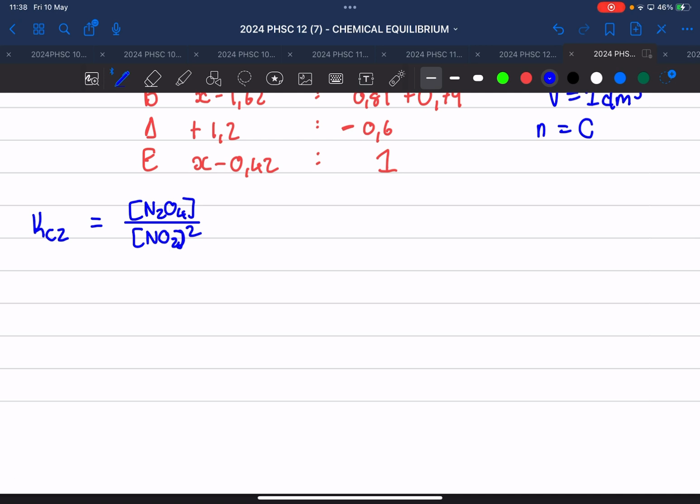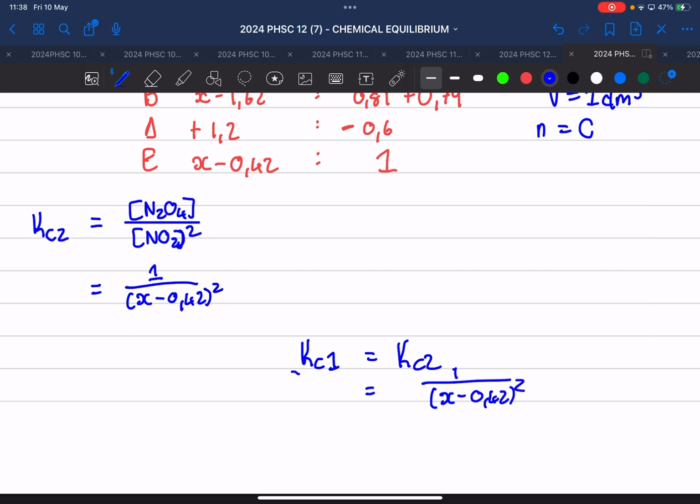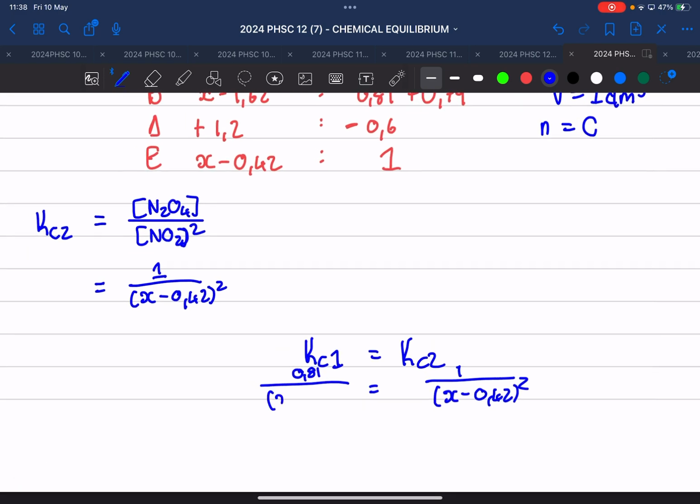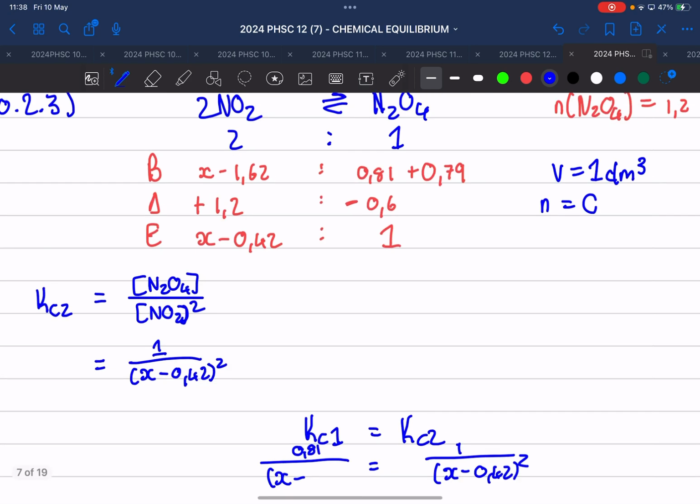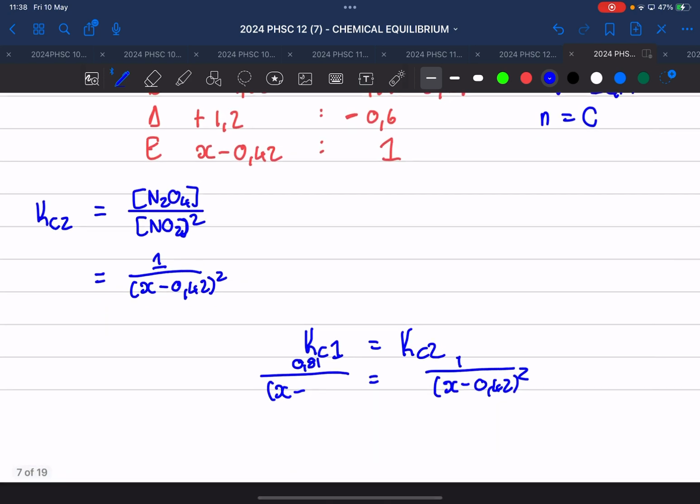So this is equal to 1 over x minus 0.42 squared. Now we can say our Kc1 is equal to Kc2. So 1 over x minus 0.42 squared is equal to 0.81 divided by x minus 1.62 squared.